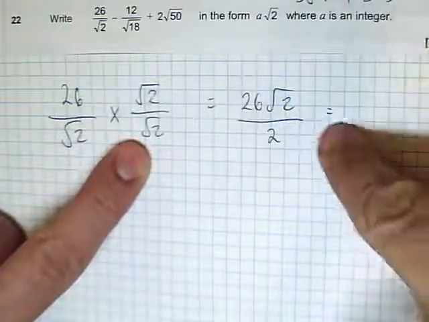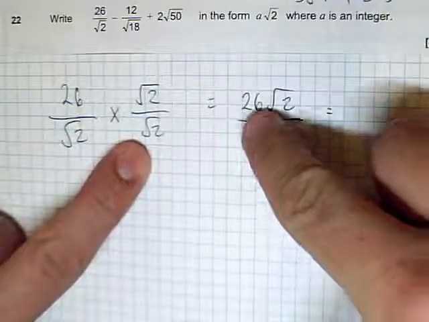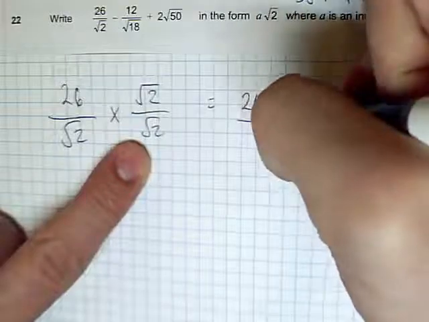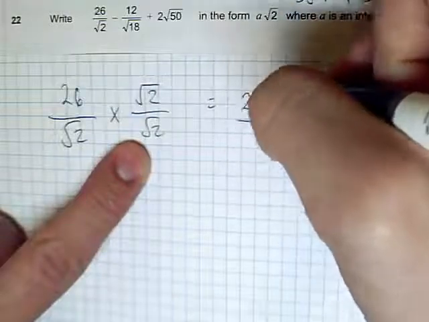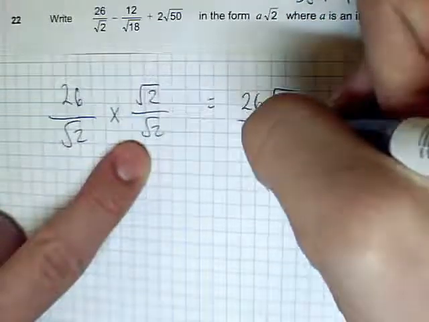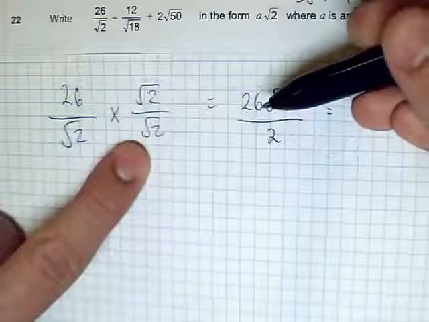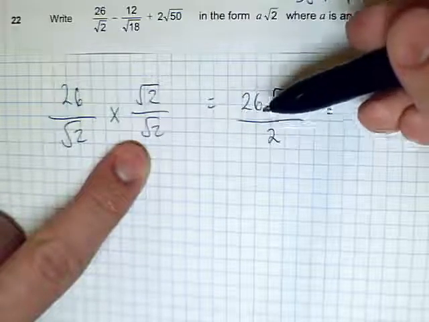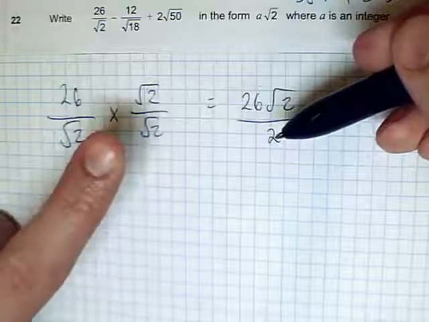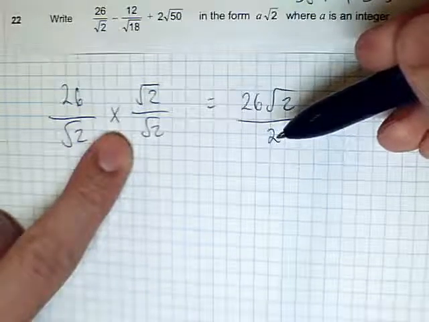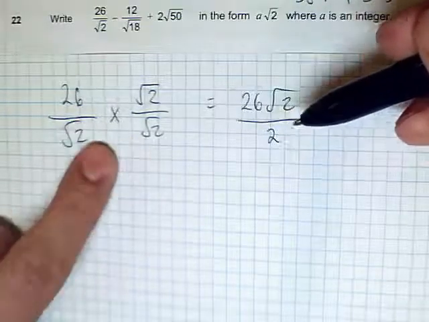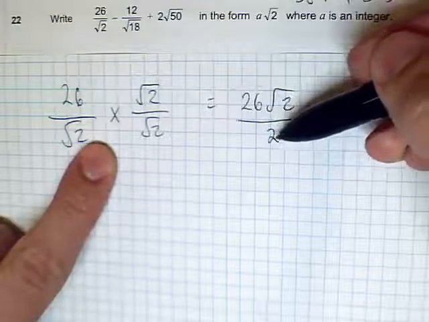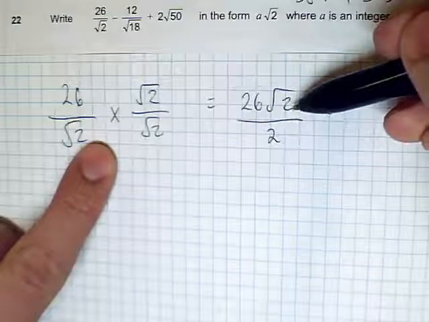So we haven't quite simplified this enough. If we look at the fraction, we're dividing by 2. Now we've got a number, so that number can be divided by 2 because it's an integer and that's an integer. So we can simplify these two, but for the same reason as before, we can't do root 2 times root 2 divided by 2 because they're different.